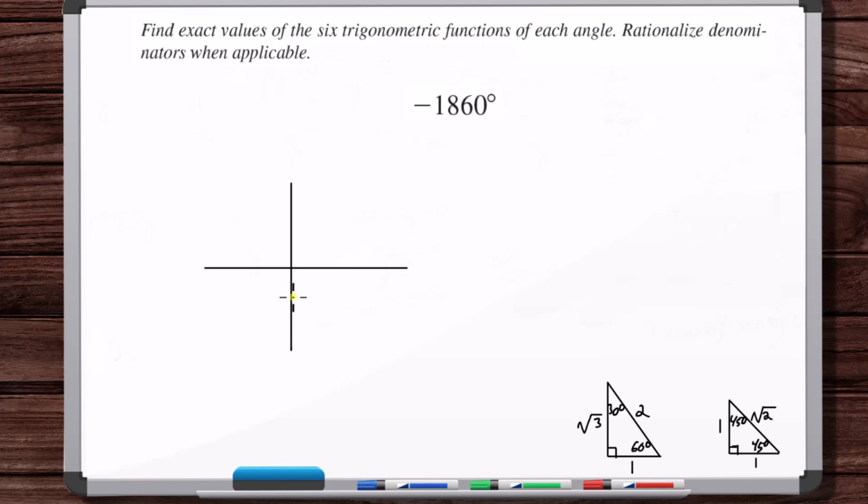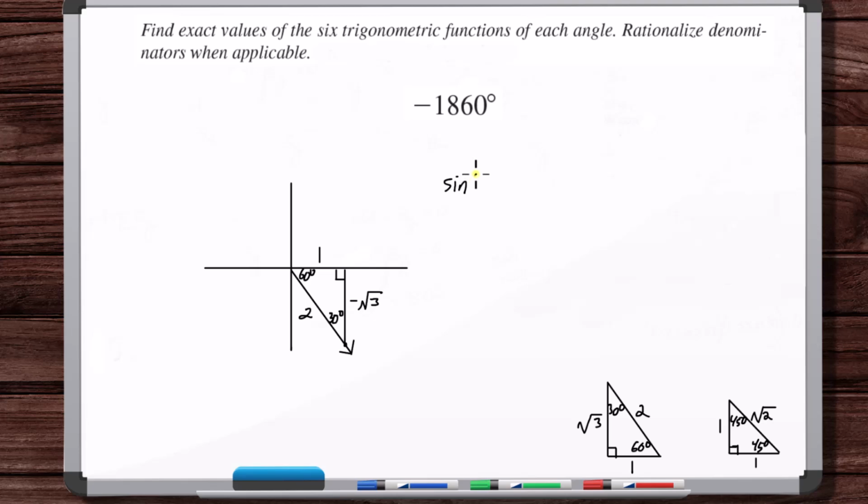So we can see the reference angle is going to be 60 degrees. And I'm not going to draw the 5 revolutions. So we've got 2, and then this is minus root 3 and positive 1.